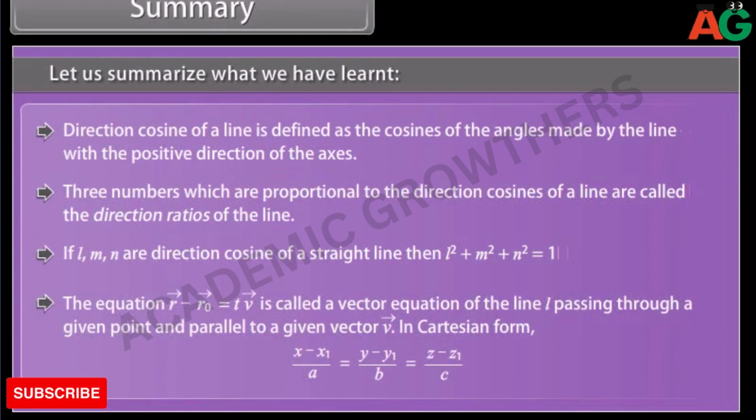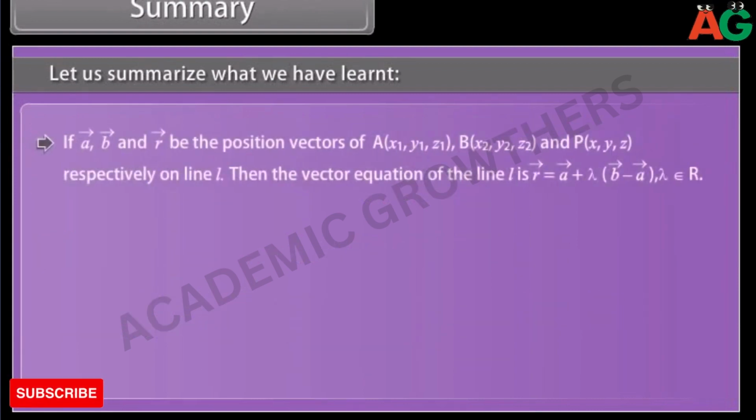In Cartesian form, if vectors A, B, and R be the position vectors of A, x1, y1, z1, B, x2, y2, z2, and P, x, y, z respectively on line L, then the vector equation of the line L is vector r equals vector a plus lambda times vector b minus vector a, where lambda belongs to real numbers.